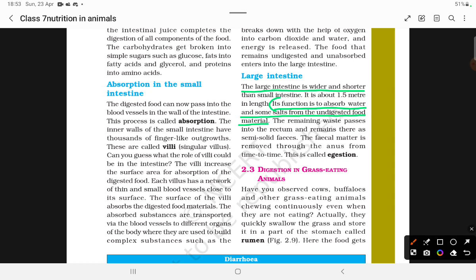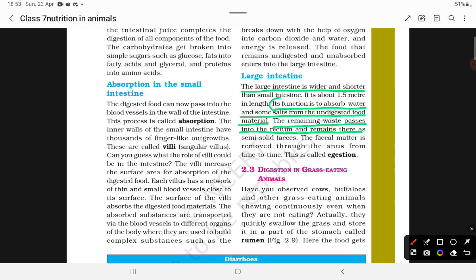Water and salts, that means all other components are absorbed by the small intestine. The water and the salts are the main things absorbed by the large intestine. Then the remaining waste passes into the rectum and remains there as semi-solid feces.